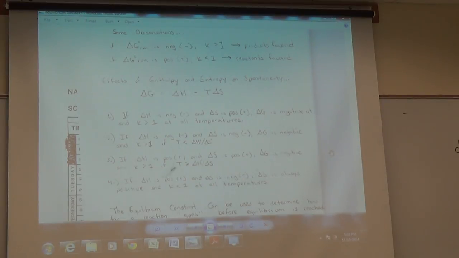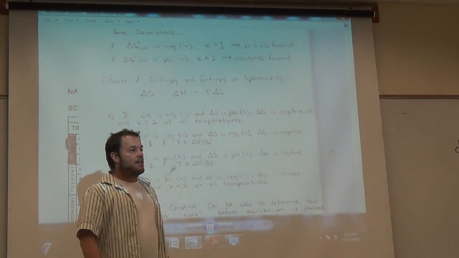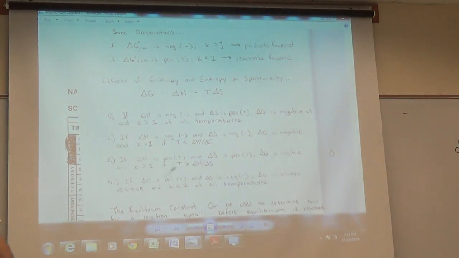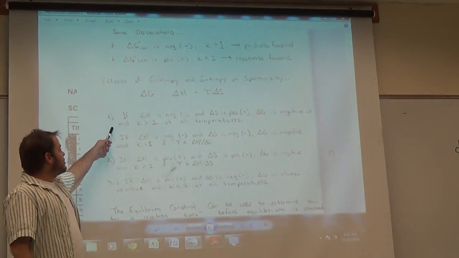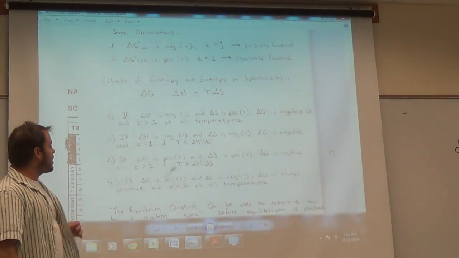And if you have a positive delta S of the reaction, that means that the system itself, its entropy is increasing. And so a negative delta H and a positive delta S is the situation where a reaction is increasing the entropy both of the system and the surroundings, and that's why it is going to have a negative delta G at all times. It's always going to be spontaneous, right?